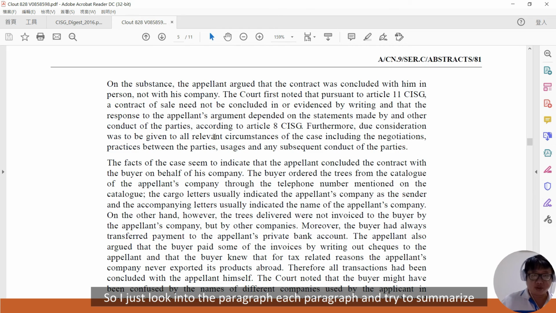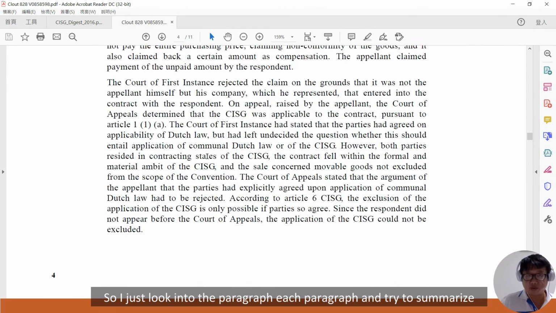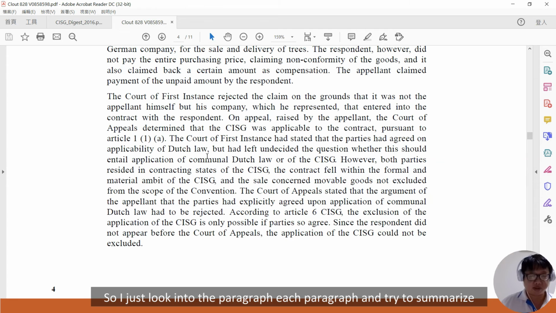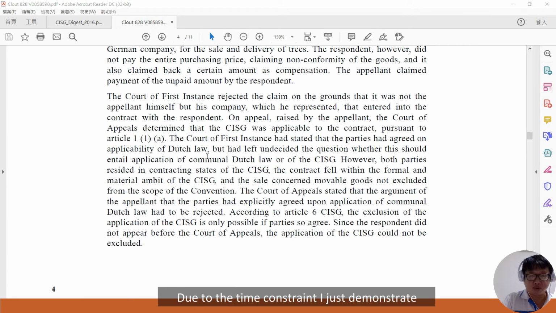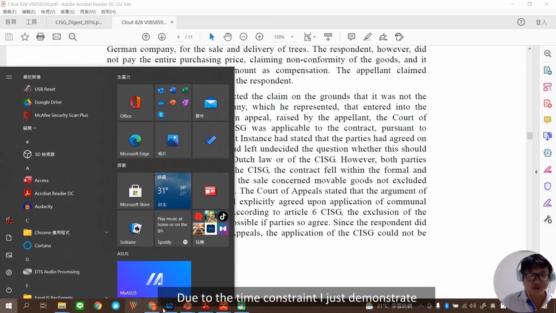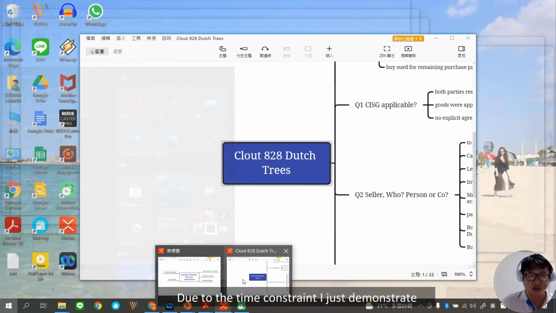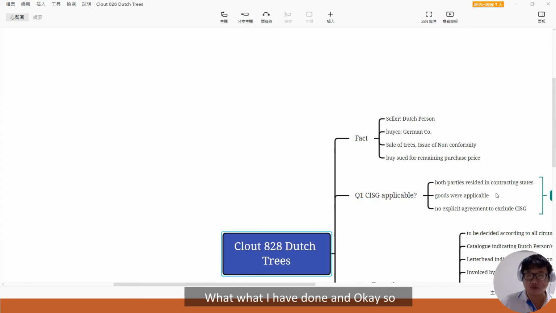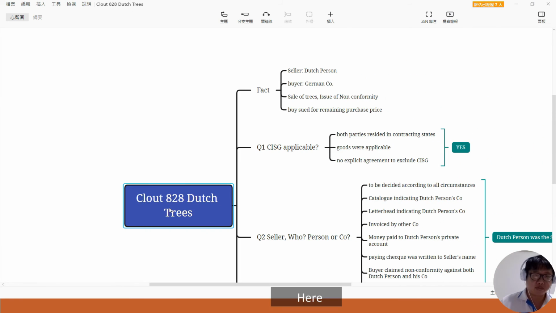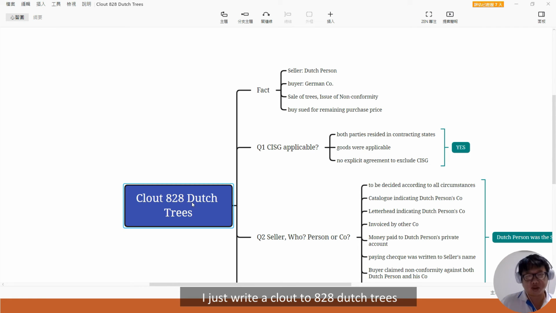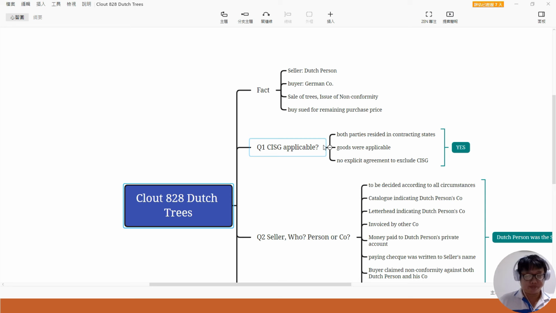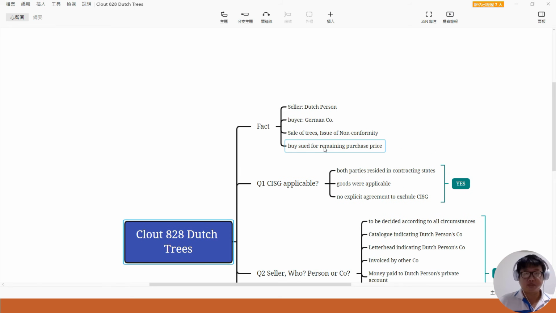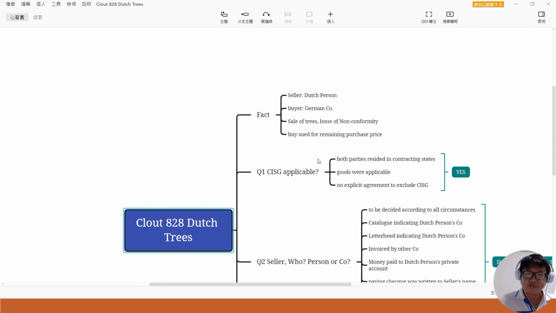So I look into each paragraph and try to summarize it with my mind map. Due to the time constraint, I will just demonstrate what I have done. Here I write the case name, 828 dot trees, and the facts.